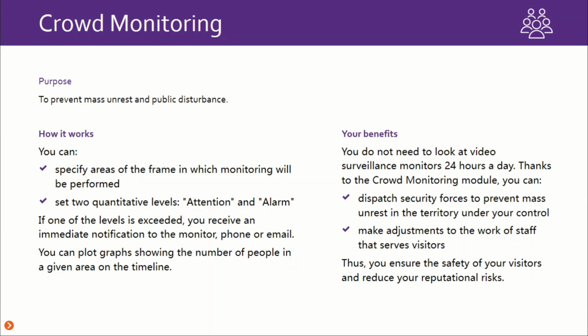The crowd monitoring module has been designed to keep check on areas where a large crowd gathering is not expected. The system can work to notify you if the number of people in the area gets more than what you have set.